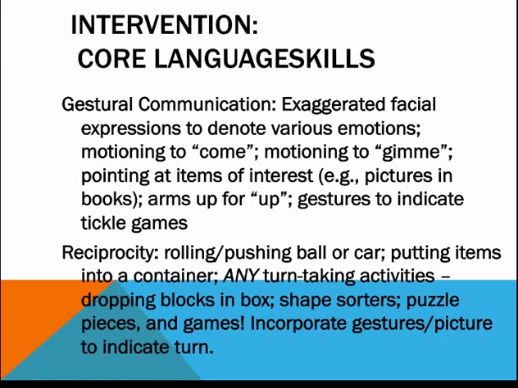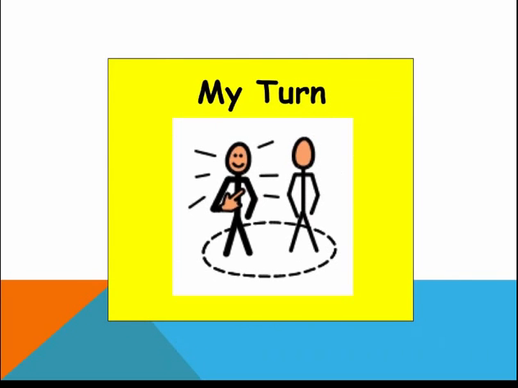Taking turns just simply putting items into a container, dropping blocks into a box, shape sorters, puzzle pieces, and games. Incorporating gestures and pictures to indicate turns also helps these kiddos learn whose turn it is, to anticipate whose turn. And this is just a picture of a visual support that I call a mind turn taking.